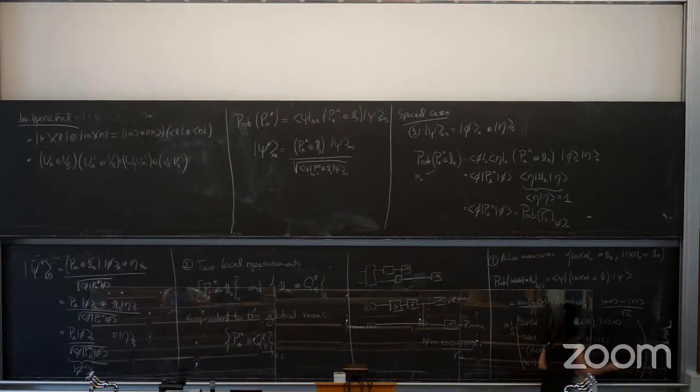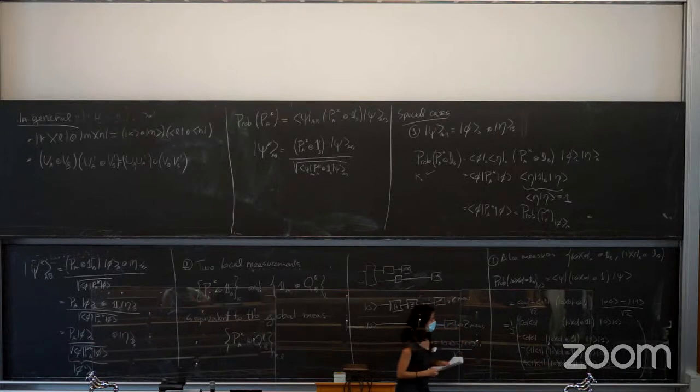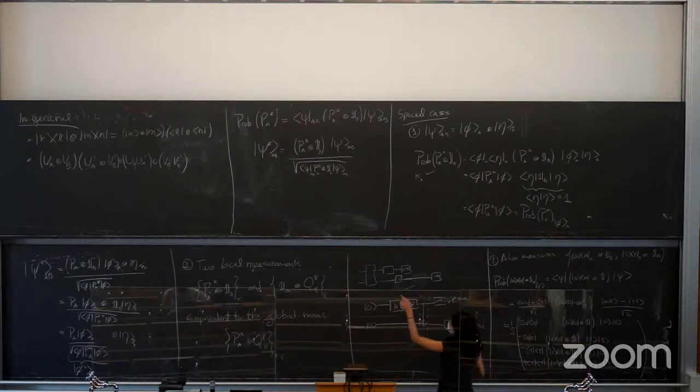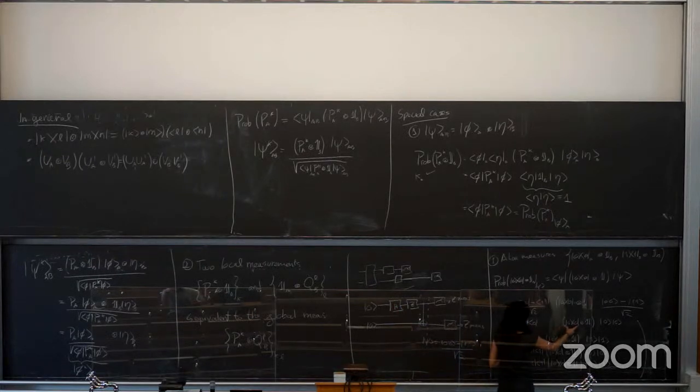So now I'll just rewrite this first line to see how it works, and then you can see the others by yourself. We use this rule that we wrote at the beginning of how things act, meaning that everything on the first subsystem gets together, and everything on the second subsystem gets together.